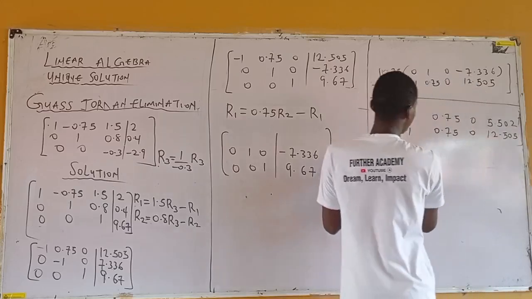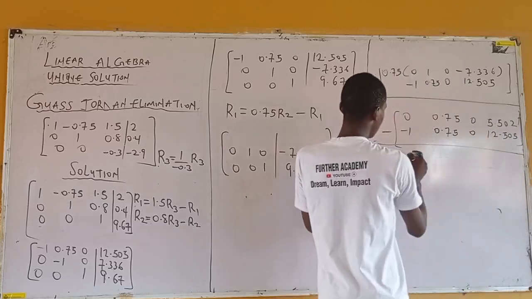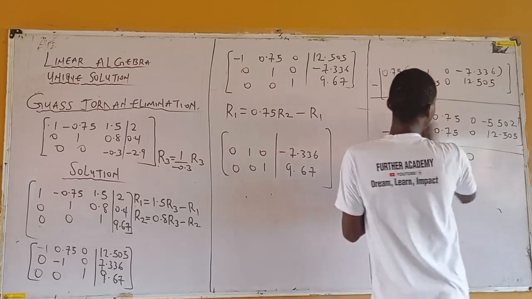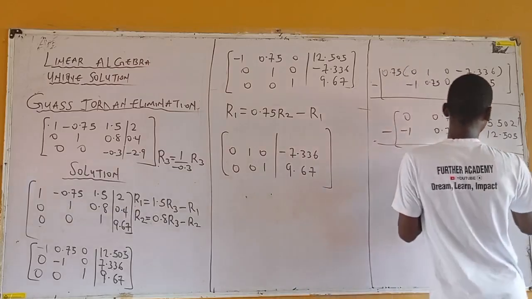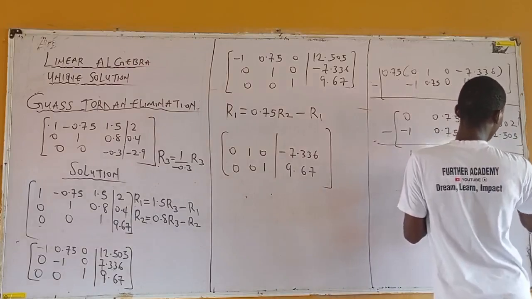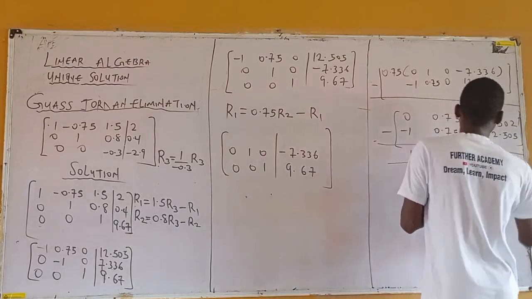So let's subtract this. What do I have? This is positive 1, 0, 0. So this minus this, what do I have? Minus 18.01. So this is my row 1.